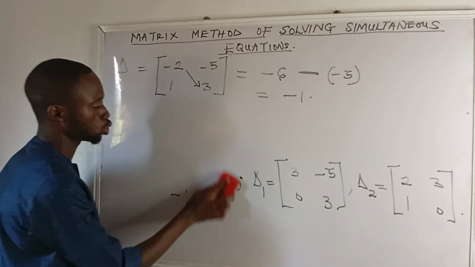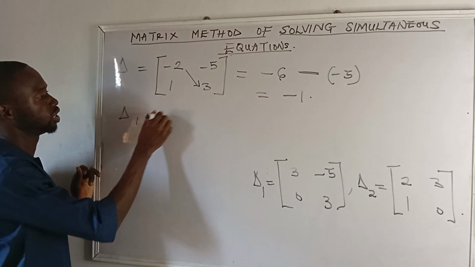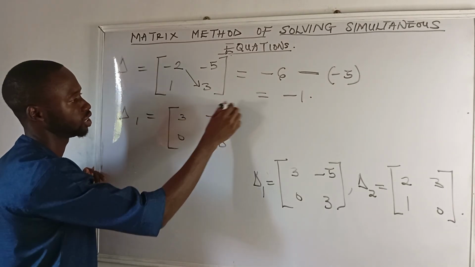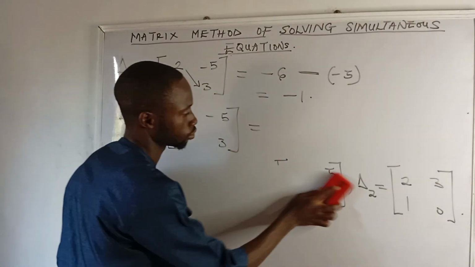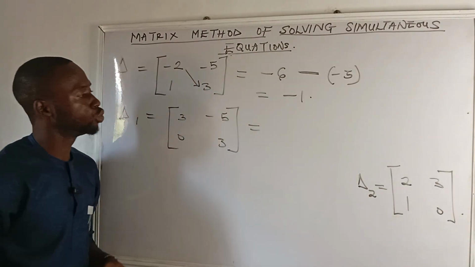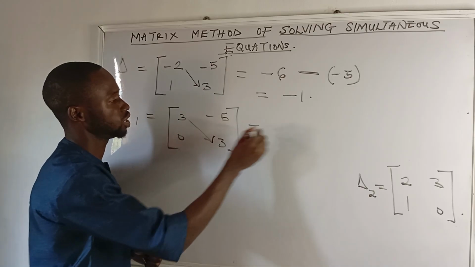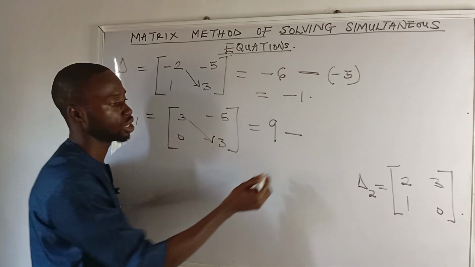For delta 1, we have 3, 0, minus 5, and 3. So let's find the determinant. We have 3 times 3, that's what we'll do first. 3 times 3 is 9, minus 0 times minus 5, that's obviously 0.